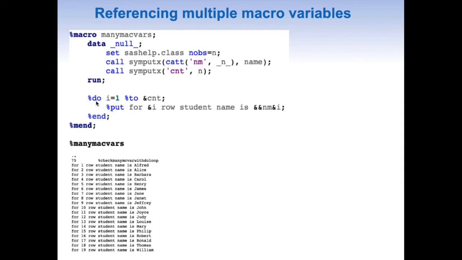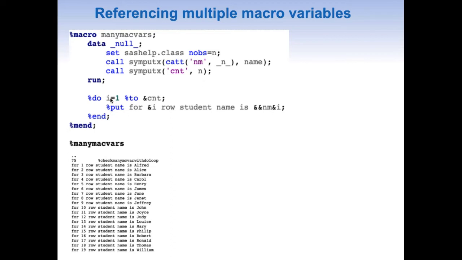And now we are looping through this. How are we doing it? We are doing %do i=1 %to &cnt; As I said to you, &cnt is nothing more than 19. So now our loop starting point is 1 and ending point is 19.